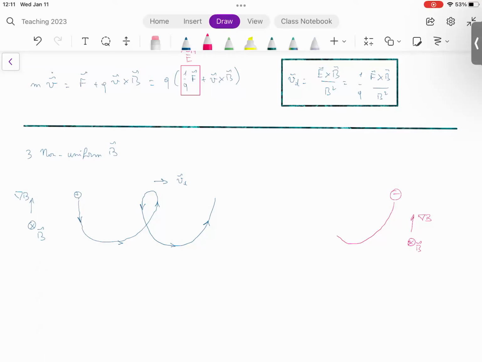The magnetic field gets stronger, so the radius gets smaller. Get up here, it turns around, the magnetic field gets weaker, the radius starts getting bigger again, and following, right.